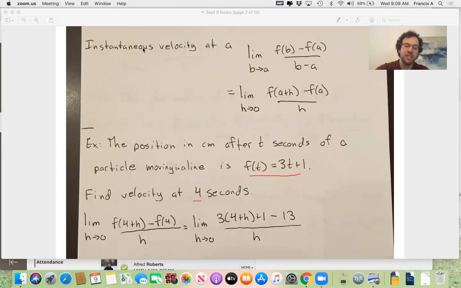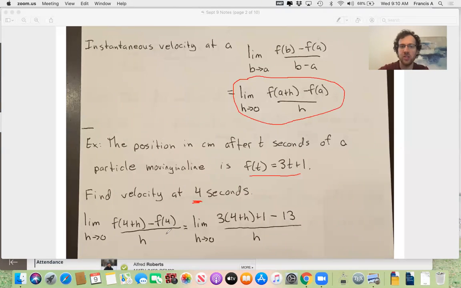A step which isn't strictly necessary, but can be good at least at first, until you get used to this: we write down the limit that we want, which is this form right here. But instead of this a, we're using our particular 4. So that's what we're doing here.